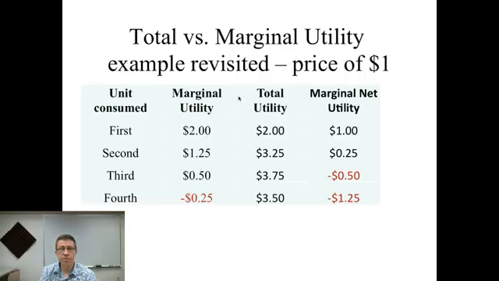Marginal utility is $2, price is $1, we'd buy. Marginal utility is $1.25, price is $1, we'd buy. Marginal utility is 50 cents, price is $1, whoa, that's a bad deal. We would not buy it. We only get 50 cents in satisfaction from the third unit. It costs us $1, we wouldn't buy the third unit. So there's 2 different ways you could go about it. They'll both get you to the same answer. It's whichever one you're more comfortable with when you're conducting your analysis.